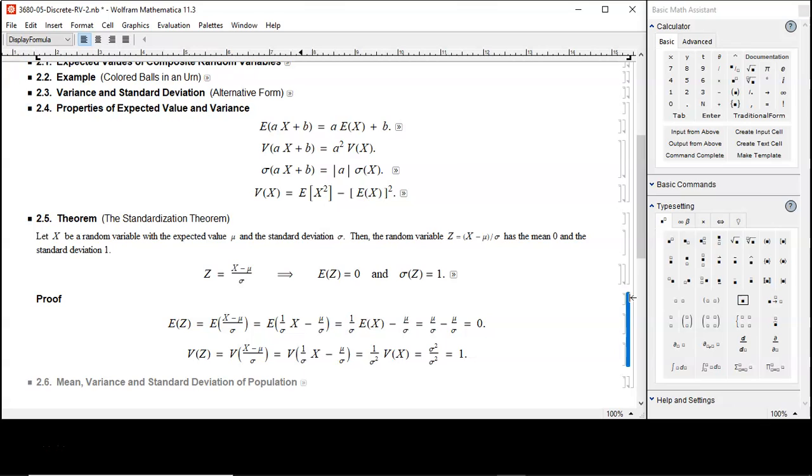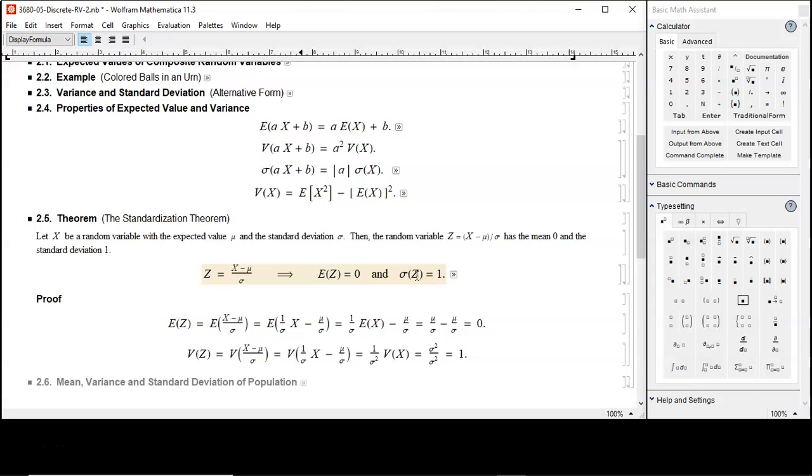So, what's the moral of the story? For any random variable x, if you do a bit of manipulation using its expected value and standard deviation like this, x minus mu over sigma, you're going to get a new random variable z that came from x, so it shares most of those properties of x, but with these nice properties.